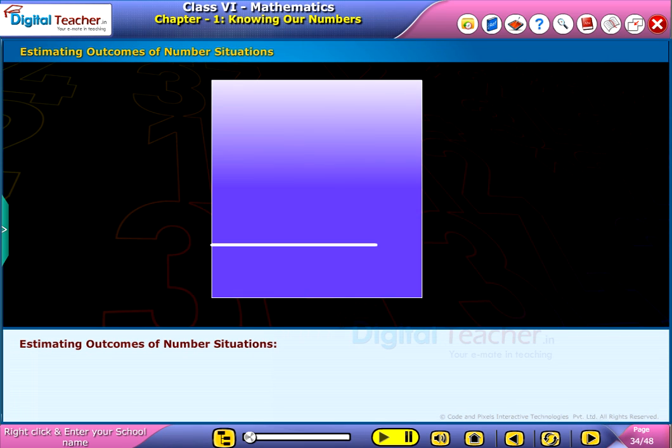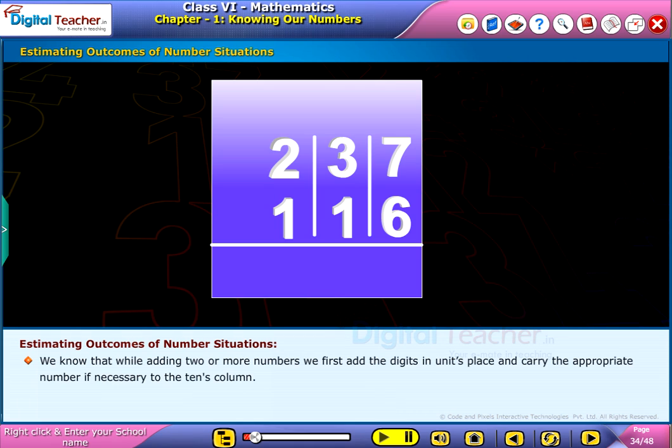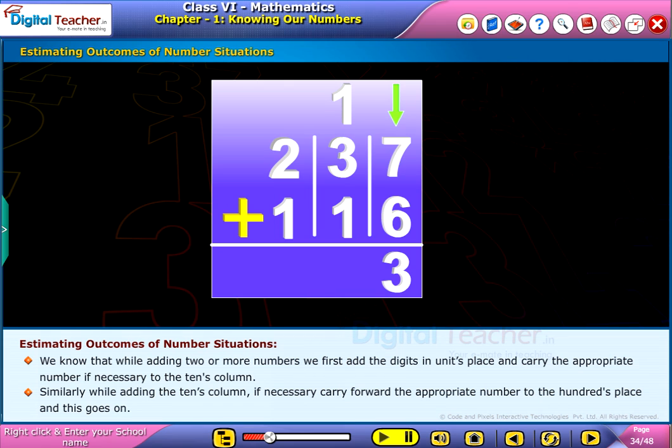Let us estimate the outcomes of situations based on numbers. We know that while adding two or more numbers, we first add the digits in units place and carry the appropriate number, if necessary, to the tens column. Similarly, while adding the tens column, if necessary, carry forward the appropriate number to the hundreds place, and this goes on.